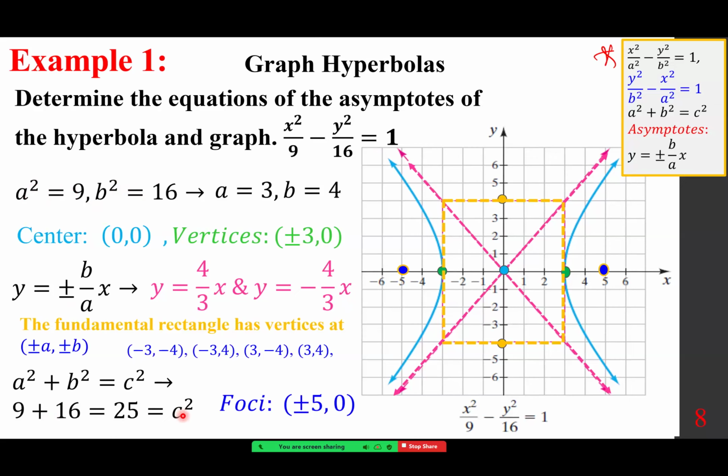So that's a complete graph with details, with asymptotes, with fundamental rectangle, with vertices, center, and foci. These are the foci. You don't have to plot those pairs. I just wanted you to see what happens as far as the rectangle is concerned.